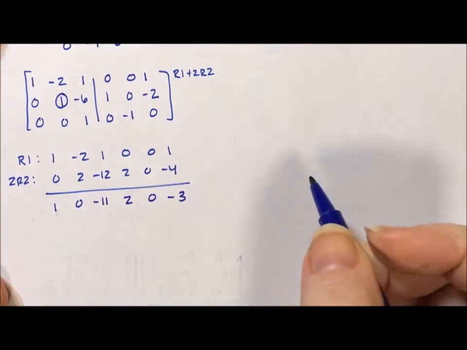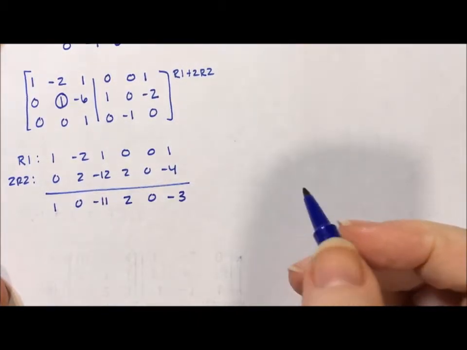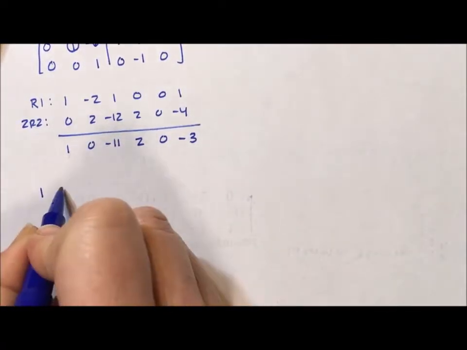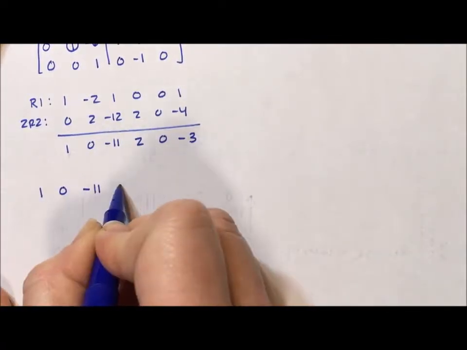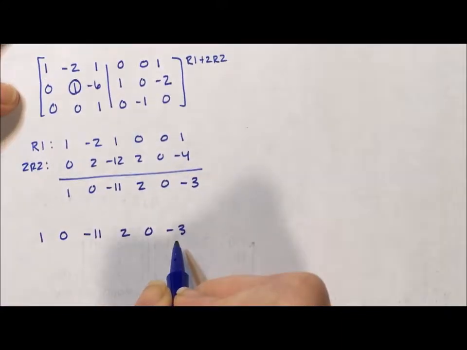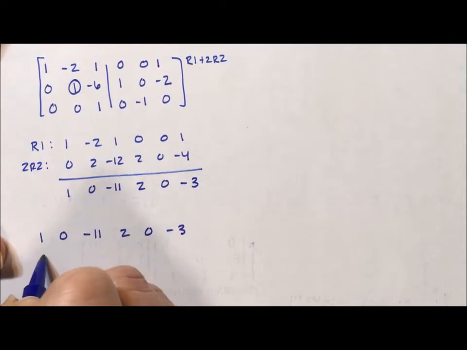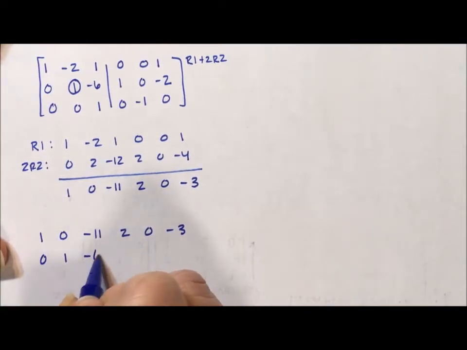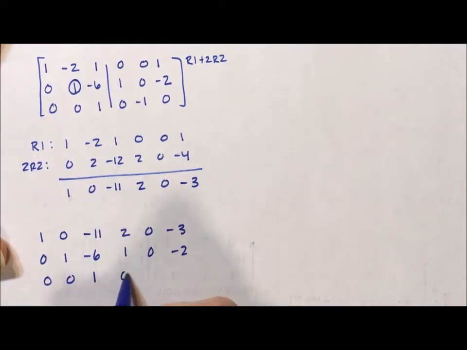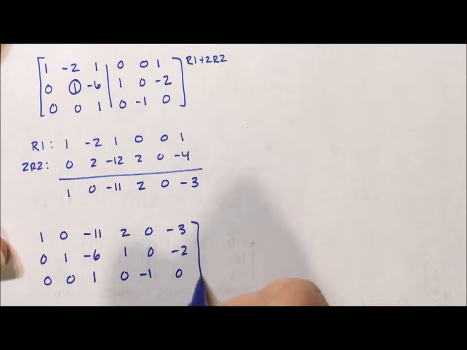Okay, so that's my new row 1. My second row, I didn't change: 0, 1, -6, 1, 0, -2. My third row, I didn't change: 0, 0, 1, 0, -1, 0.